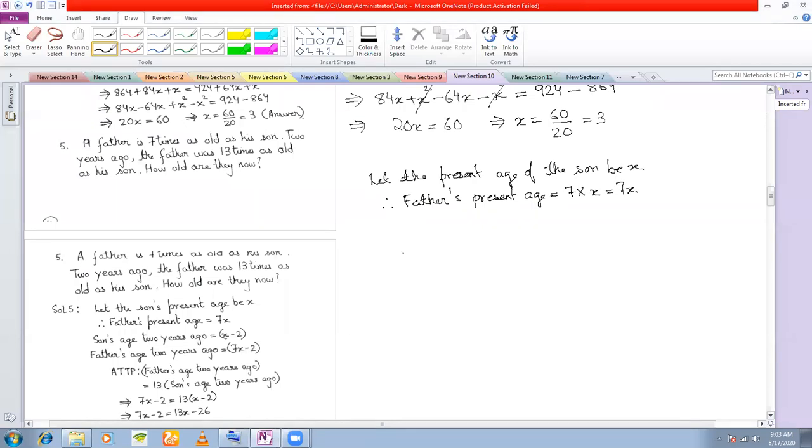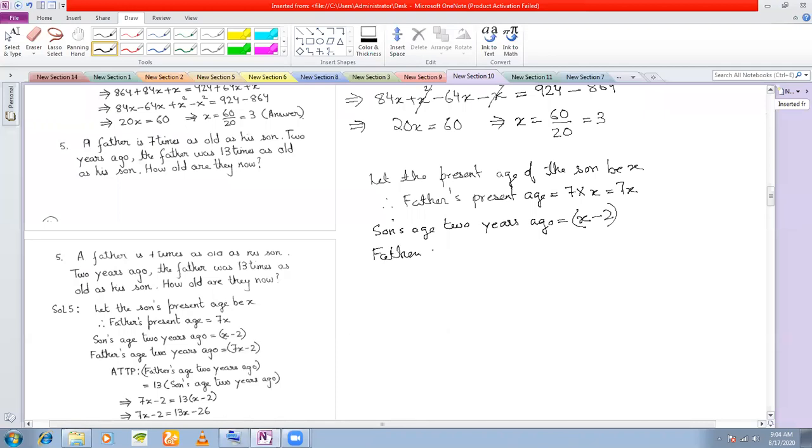Next, the condition that is given to you here is 2 years ago, the father was 13 times as old as the son. So 2 years ago, the son's age: if the present age is x, then 2 years ago his age must have been x minus 2.